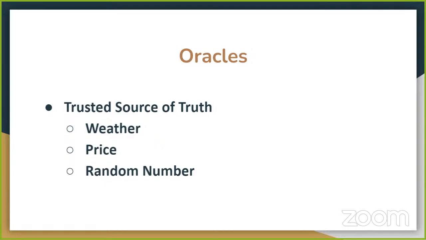And then we also have the price. You can also use oracles for the price of cryptocurrencies. So the price of Ethereum and other cryptocurrencies, you need it to be able to do anything in DeFi.